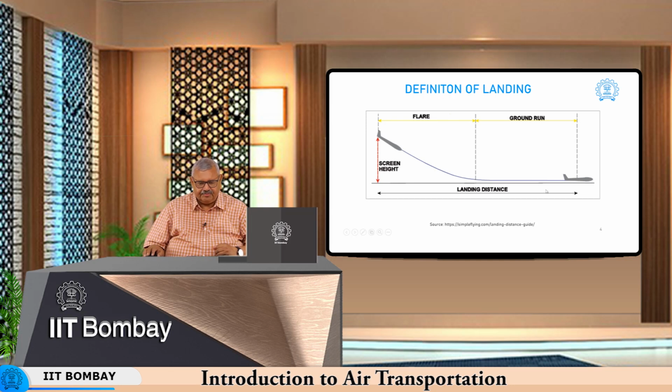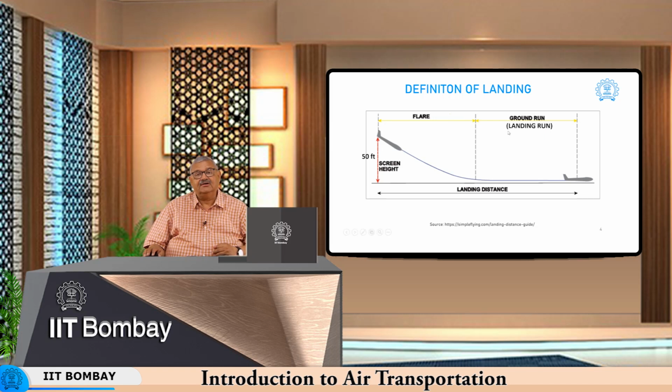So, from this point to this stop, it is the ground run. Now, the screen height is generally taken as 50 feet for transport aircraft, just like the obstacle height of 50 feet. For military aircraft, these numbers can change, they can be 35 feet, and the ground run is also sometimes called the landing run.